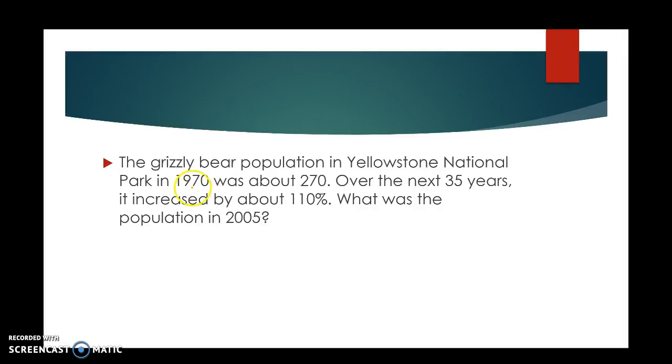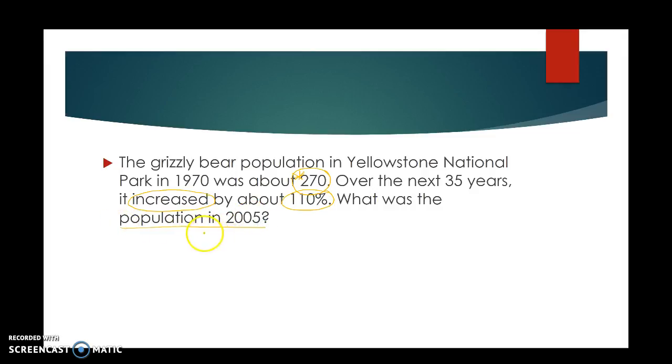So 1970 was about 270. So 1970 versus the next 35 years. So that's my original, putting a star. Over the next 35 years, it increased by 110%. What was the population in 2005?